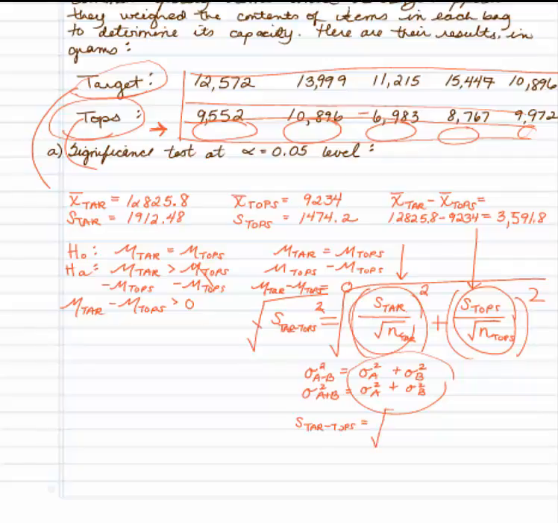On this side, you end up with the standard deviation of target squared, and you were supposed to square the square root of n. So you end up with plain old n down here, plus standard deviation of tops squared. Square root of n squared would give you just n of tops. This formula is on your formula sheet.